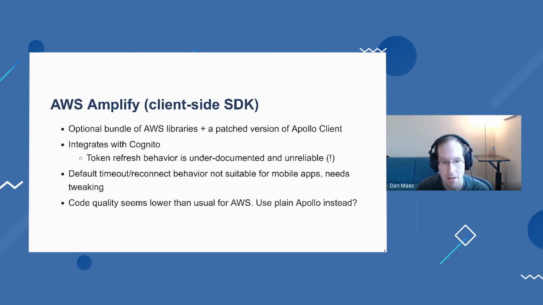I found that code to be very shaky, and just in general, the AWS Amplify client code is below my expectations for code quality for AWS. And so I'm moving in the direction of just dropping this and using the plain Apollo client instead.